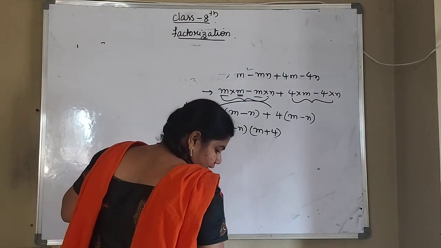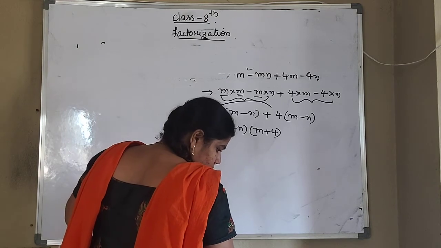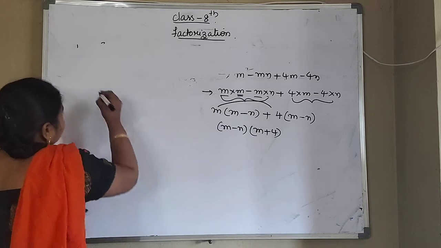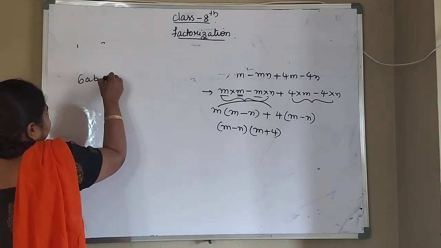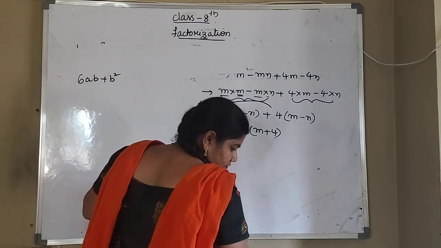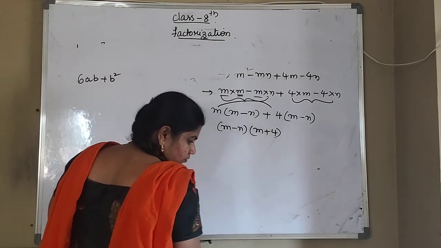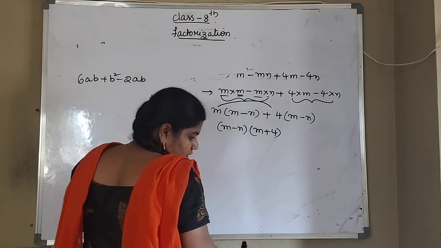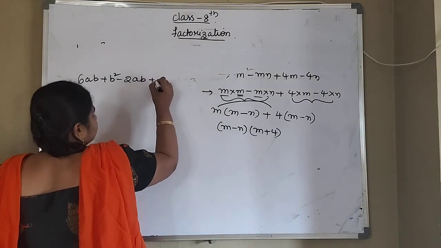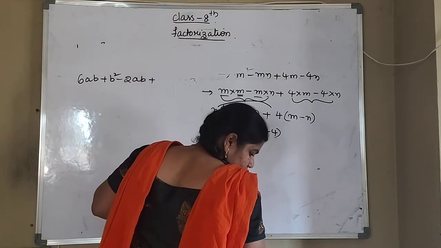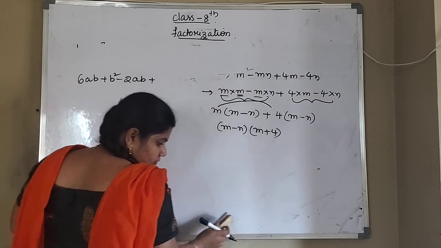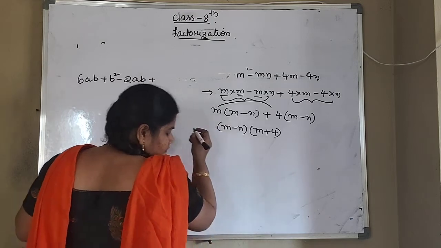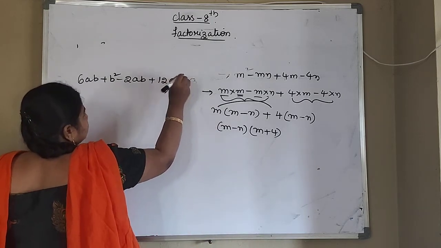So here I am taking it as 6ab plus b square minus 2ab plus 12ac.